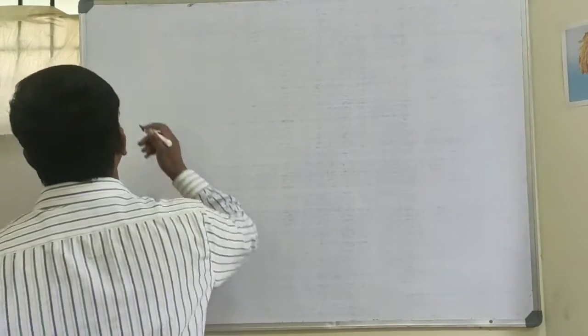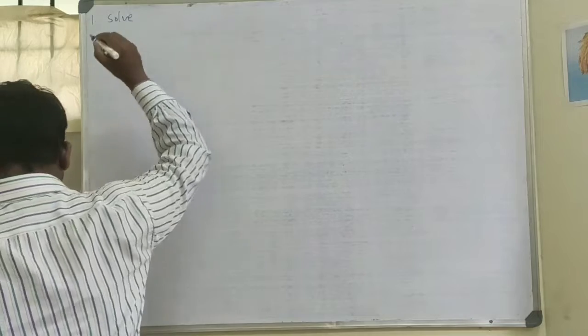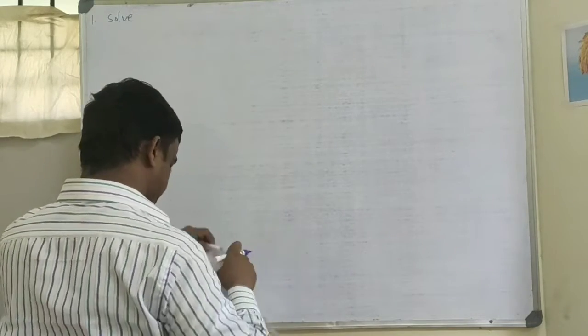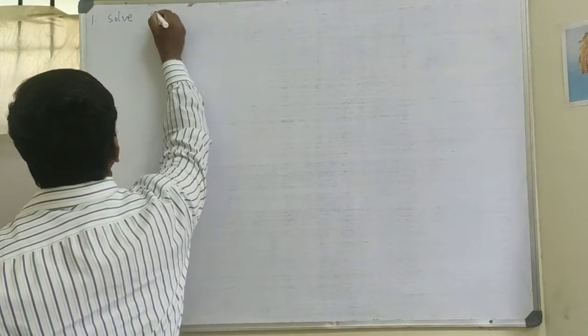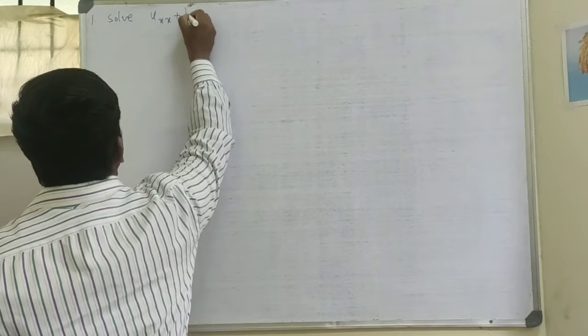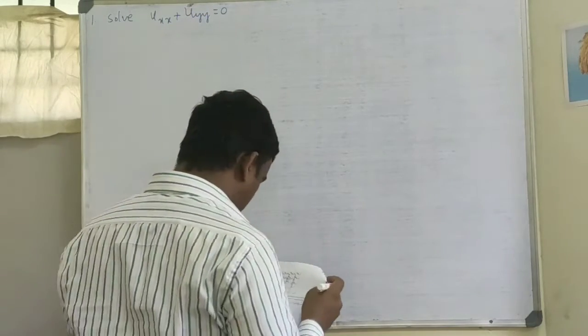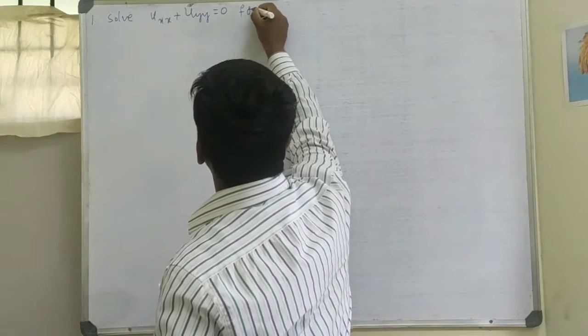Now, problem 1: solve u_xx + u_yy = 0 for the following square mesh with the boundary values.